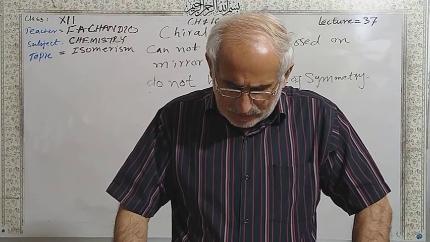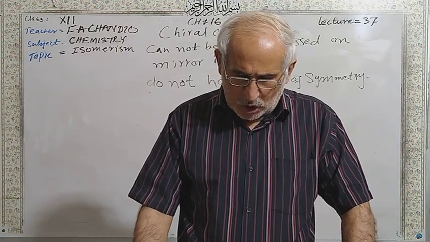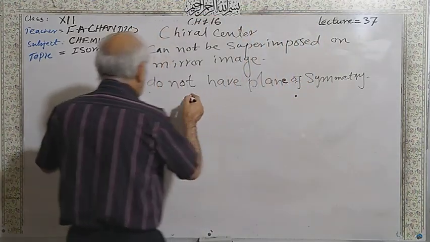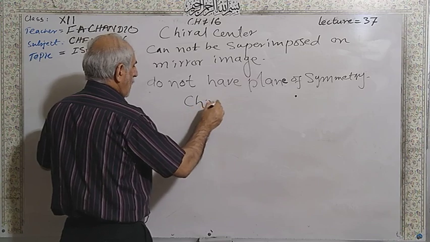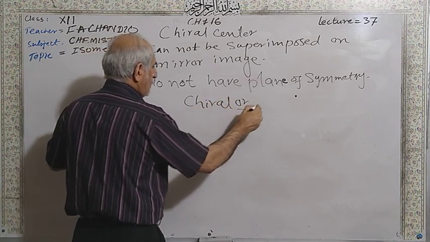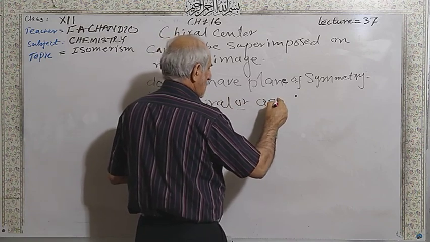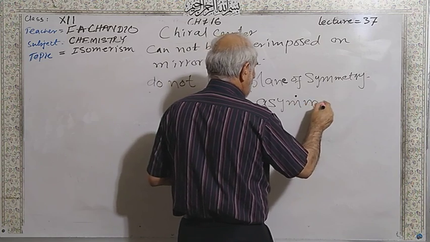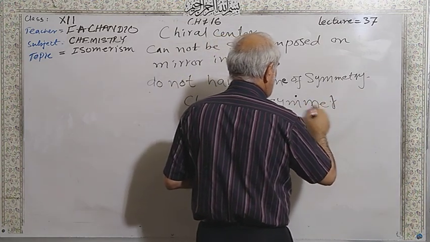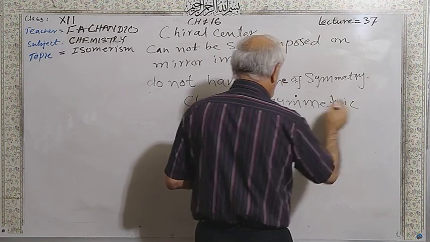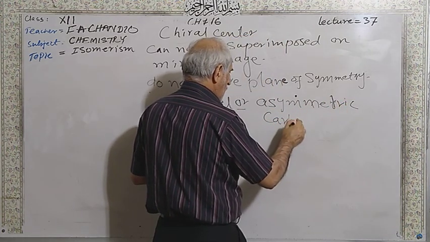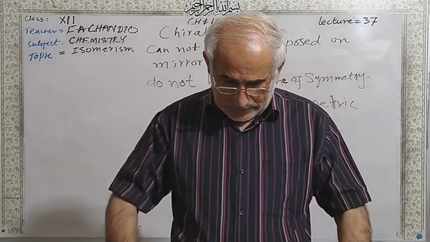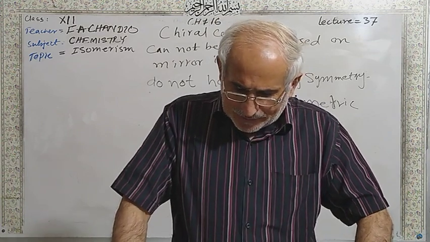Chirality is typically seen in a molecule that has a chiral, or in other words asymmetric, carbon atom.